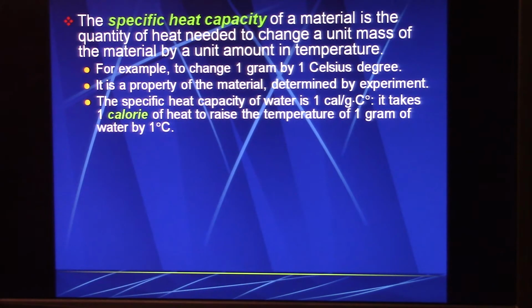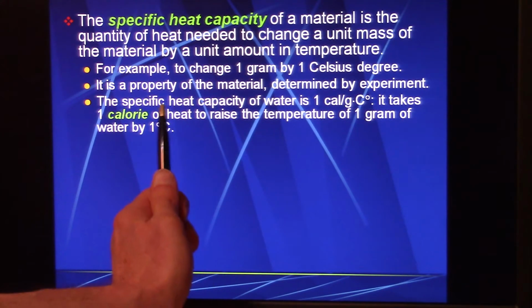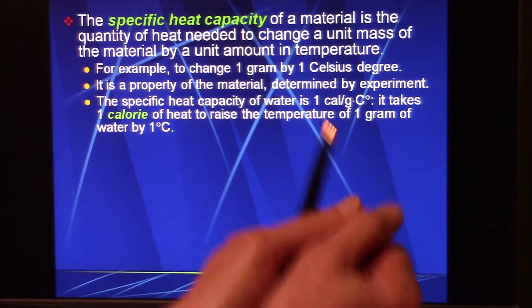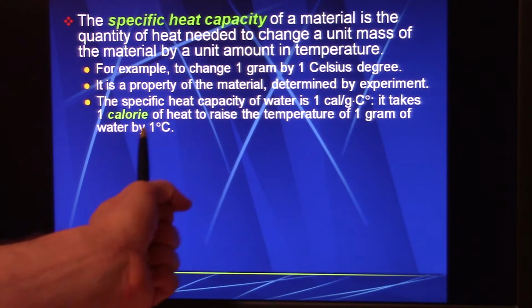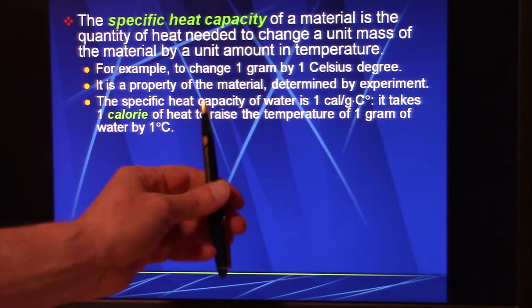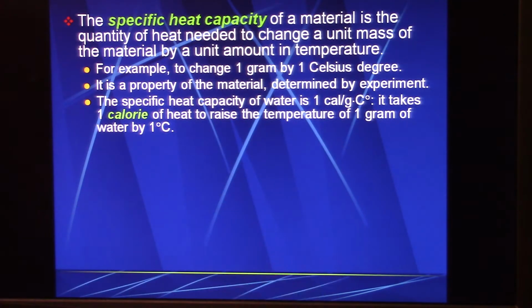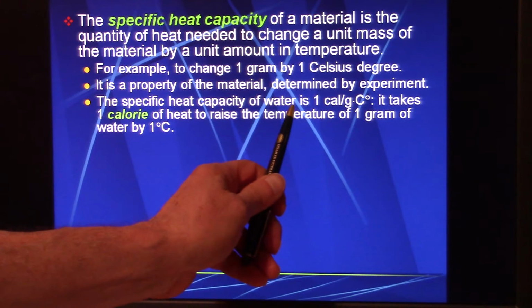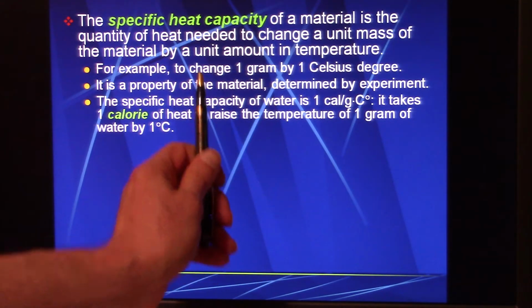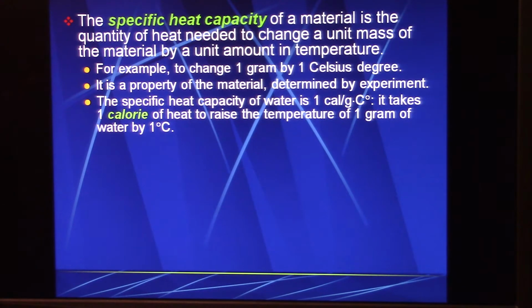And then other substances will have different amounts of heat to raise the temperature of 1 gram of that substance by 1 degree C. And that's what defines the different specific heat capacities of different substances. However, water, it's 1. So the standard is going to be water. Then other substances will have a greater specific heat capacity or a less specific heat capacity.